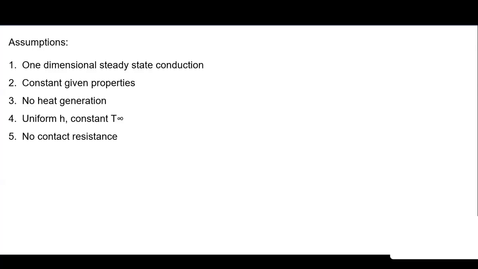They may have some vague or hidden information, and we can catch that hidden information if we have a habit of writing down the assumptions, so that you will come to know what is missing and what is to be found out using other sources, like the heat transfer data books mostly.